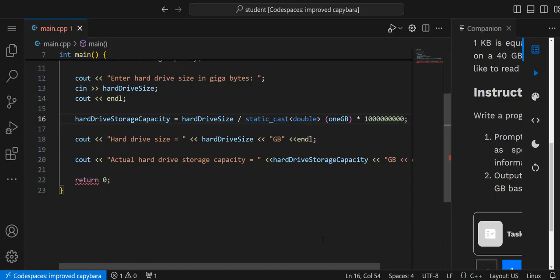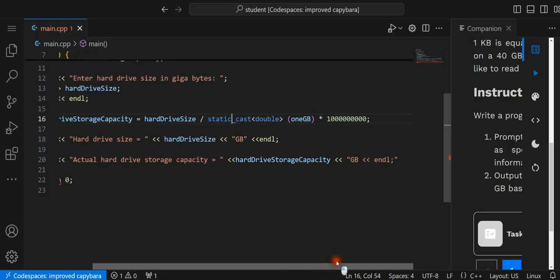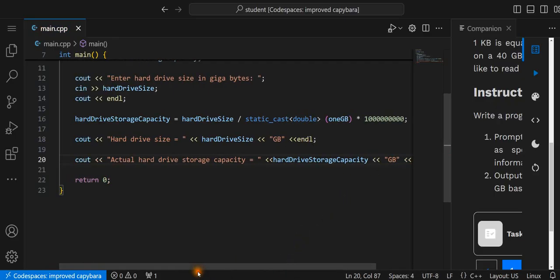Then we have hard drive size equals hard drive size gigabytes, and actual hard drive storage capacity equals hard drive storage capacity in gigabytes. And this is where we messed up. We need this right here. So I caught that. Alright, let's go ahead and run this.